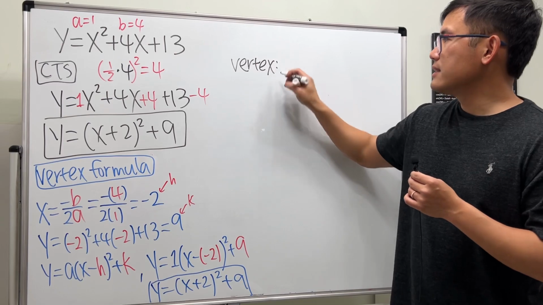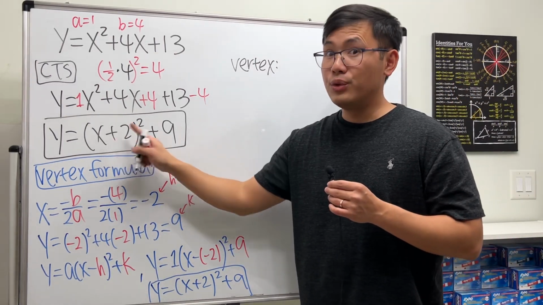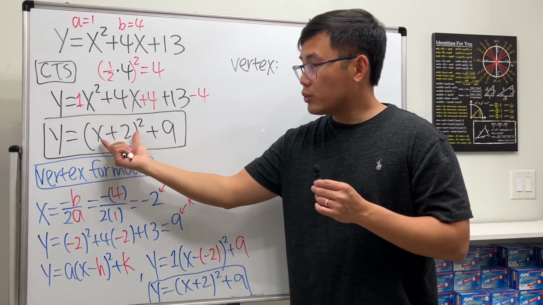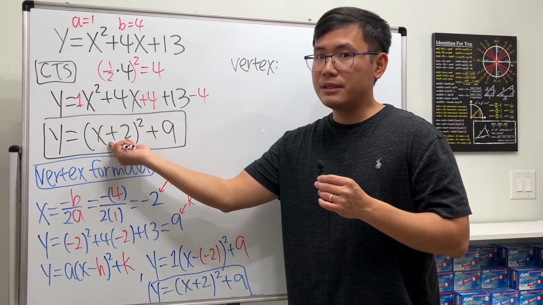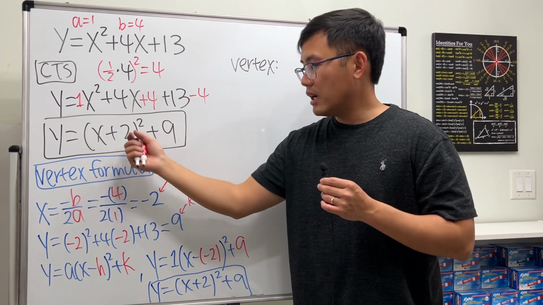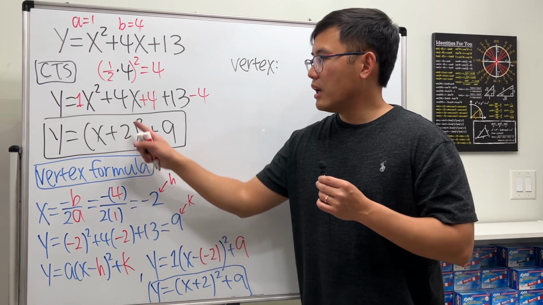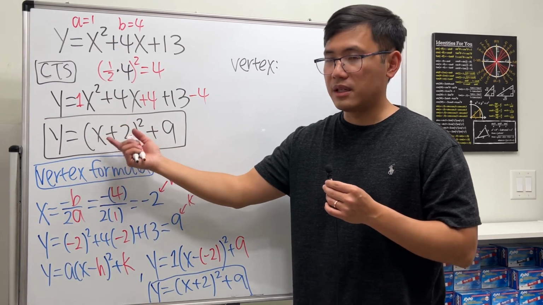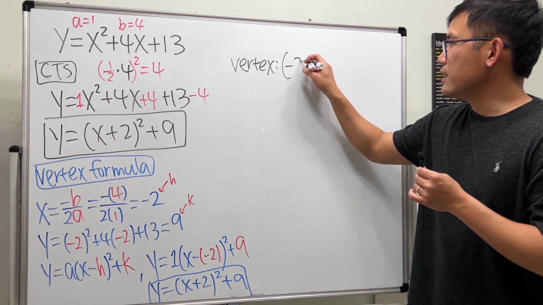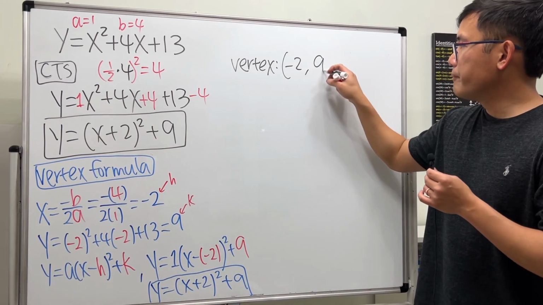Now, let's make a quick sketch. We know the vertex is what? Negative 2, 9. If this is what you have, make sure that you do the opposite, negative 2. Otherwise, worked out the formula, you can see that it is indeed negative 2. How can you make this 0? X has to be negative 2. So the vertex is at negative 2, 9.